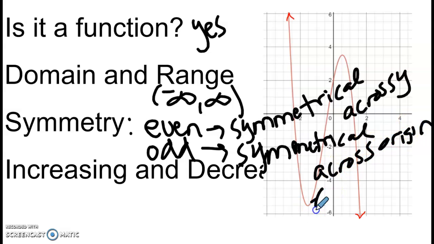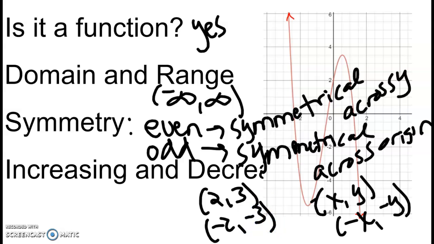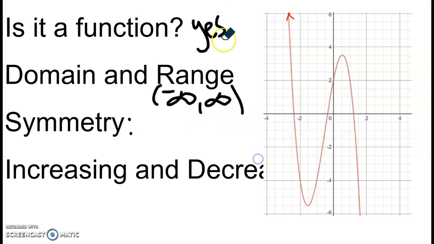What happens there is for every x, y that you have, negative x, negative y will also be there. So for example, if 2, 3 is on my graph, so will -2, -3 be on my graph. That's how you know it's symmetric across the origin. I always just check some points and see if it's always going to work that way. Symmetric across y is easier because I can just look at the graph and see if I fold it across the y-axis, is it exactly the same on either side? This has none of that symmetry.